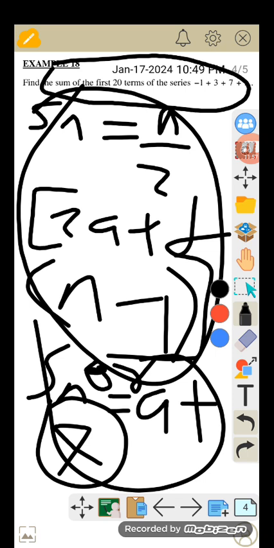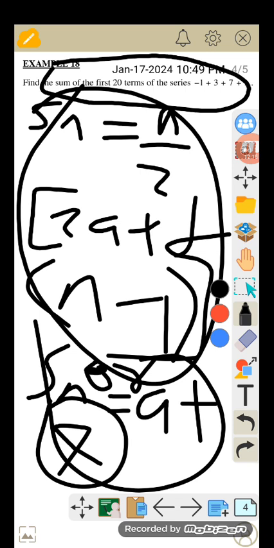Instead of completing the sequence up to 20 terms and adding those 20 terms together, I can just use this formula. I'm going to show you how to do it by using these two formulas.